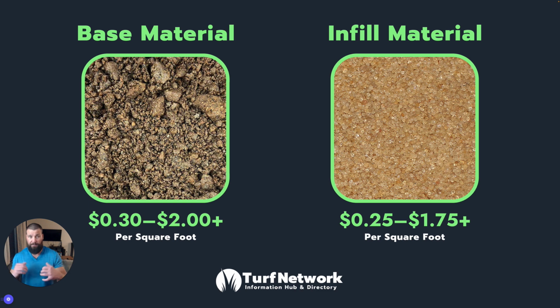Any moisture basically gets trapped in the infill and then is just slowly released. And that is what's called evaporative cooling, and it lowers the surface temperature of your artificial grass. Off the top of my head, I think T-Cool says that it can lower your turf's temperature by like between 30 and 50 degrees.